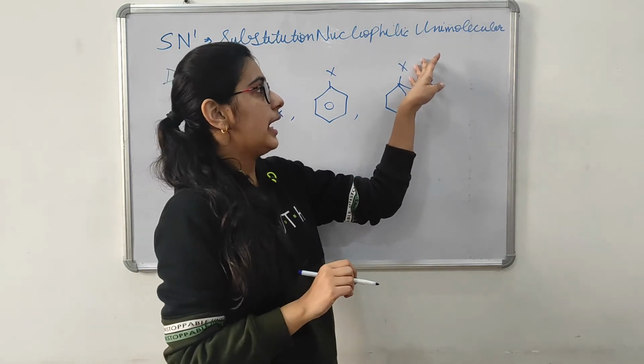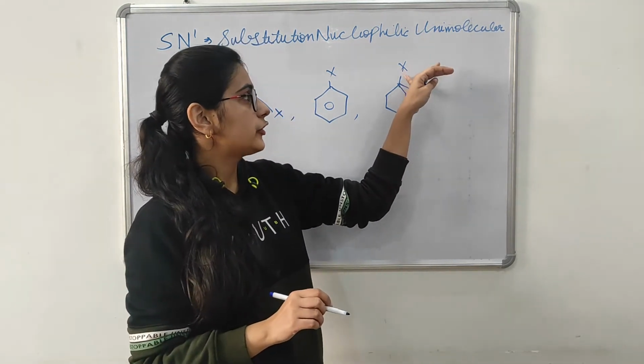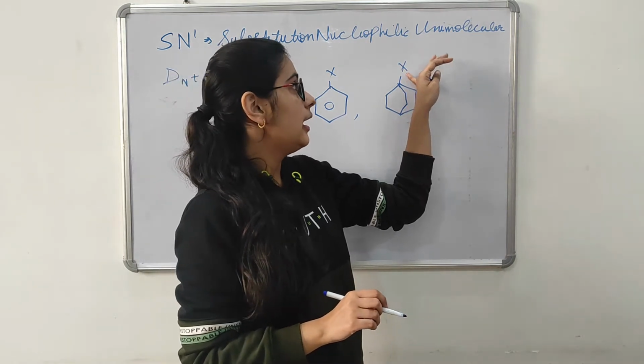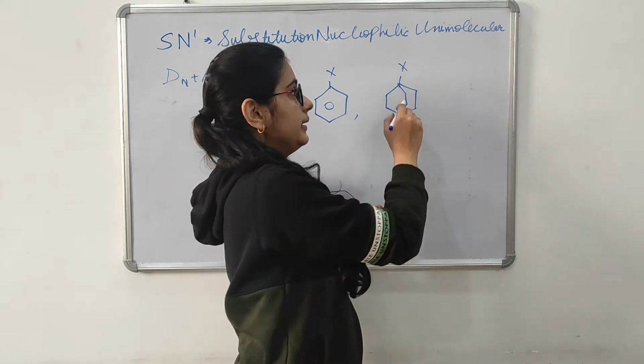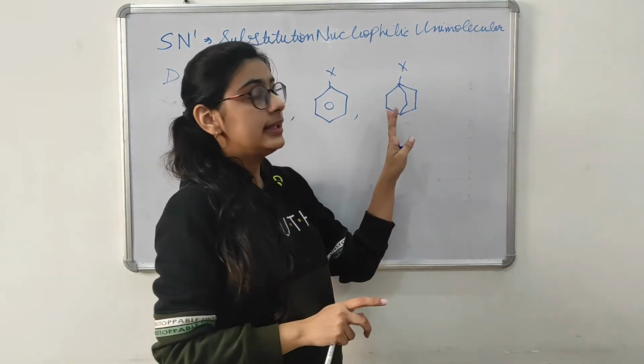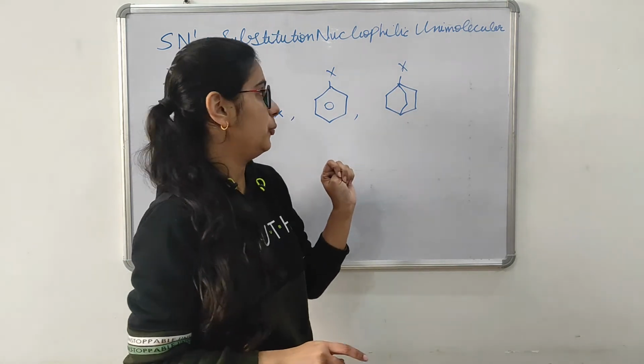And if SN2 reaction takes place, then we will get partial negative charge over here, and inversion of the configuration is not possible at the bridgehead. That's why neither SN1 nor SN2 reaction is possible in this compound.